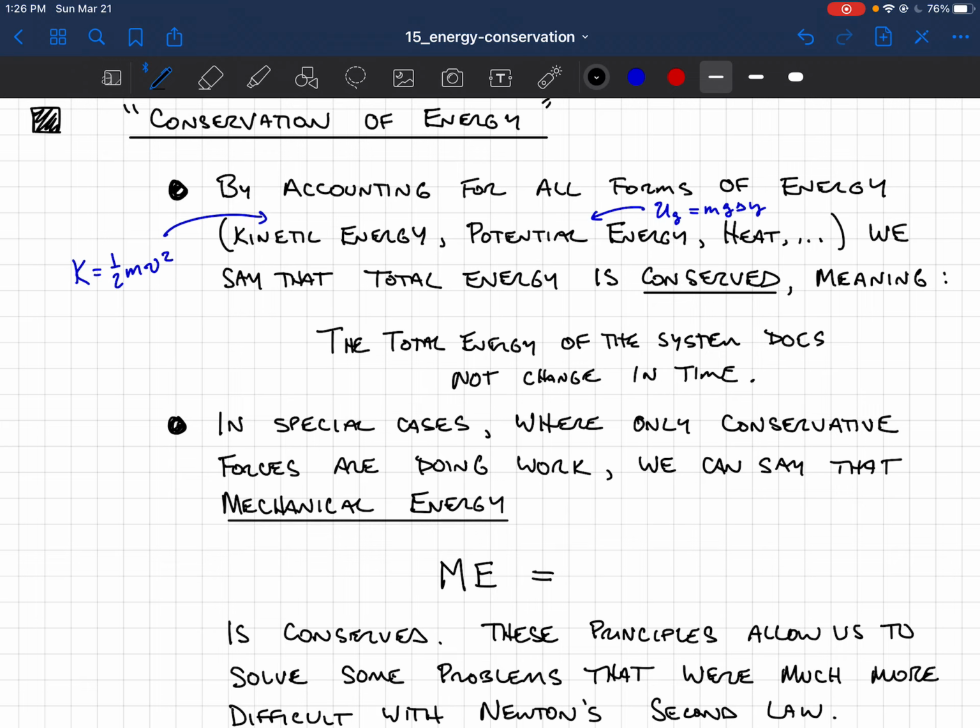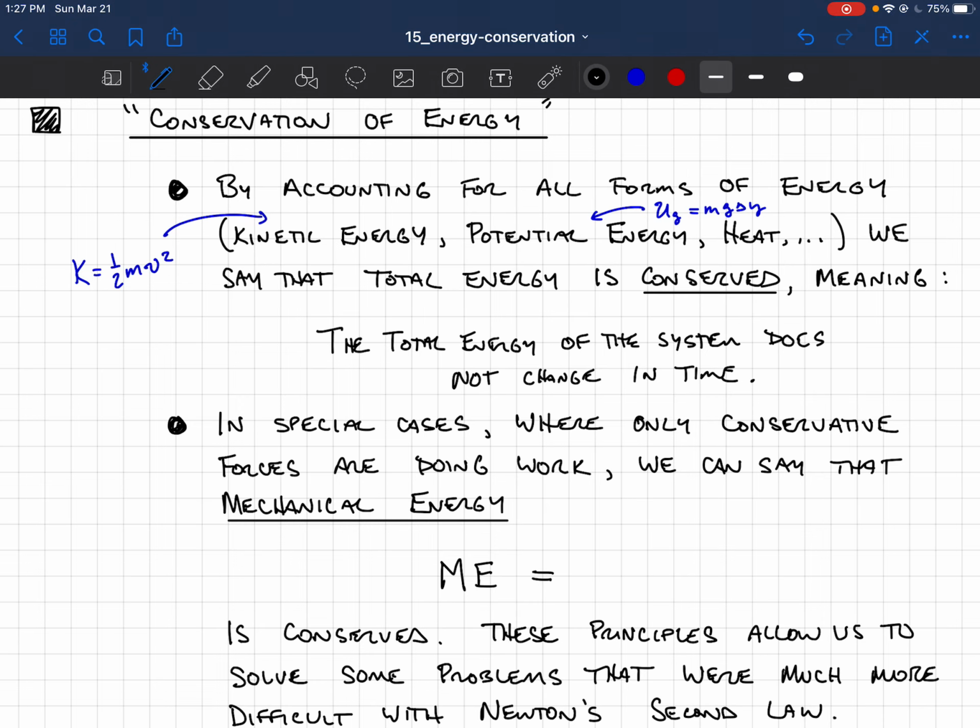So the total energy, its value doesn't change in time. It might move from one type of energy to another, either from potential to kinetic to heat, but the total value doesn't change in time. And we call that a conservation law, that the total amount of energy is conserved.